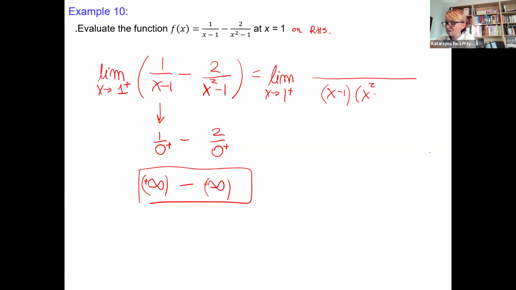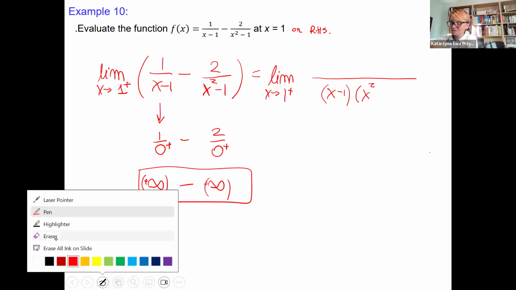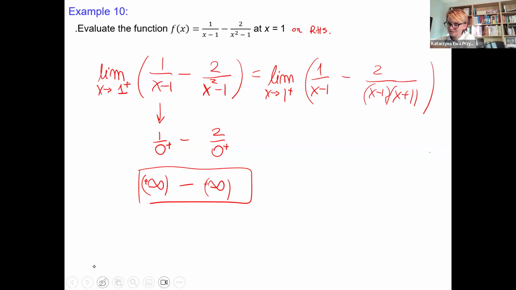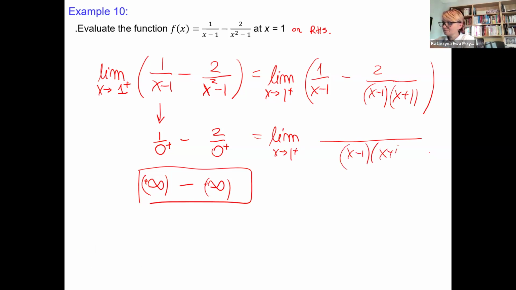What's the lowest common denominator? This is that fraction, and this one includes x minus 1. Correct? I can still just multiply these denominators, but let's do the lowest. That means the lowest common denominator is x minus 1 times x plus 1.